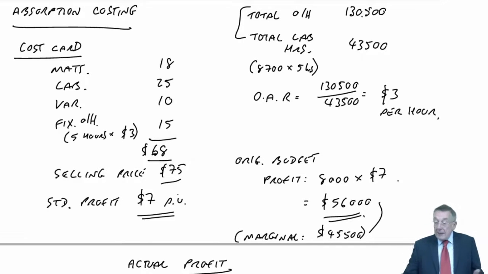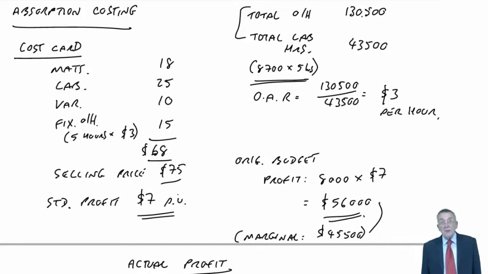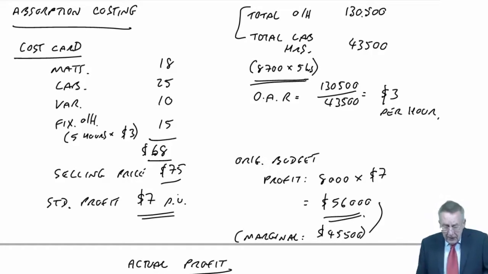Because we worked out the 15 by saying it was $3 an hour. And the hours, we were assuming that we produced 8,700, the budgeted amount. Well, we didn't. We actually produced 8,900. And if we produce 8,900, in fact, the fixed overheads don't turn out to be $15 a unit, and the profit isn't going to be $7.